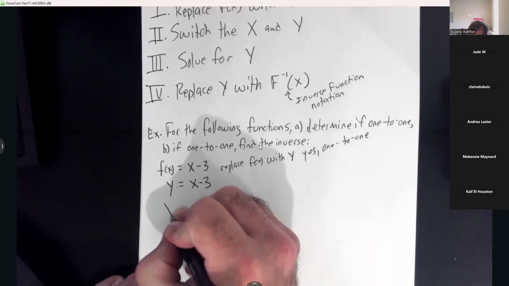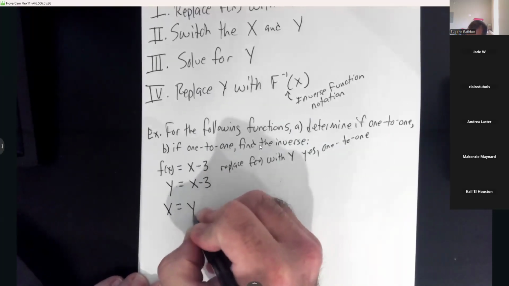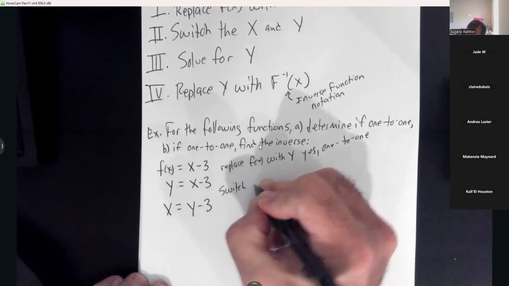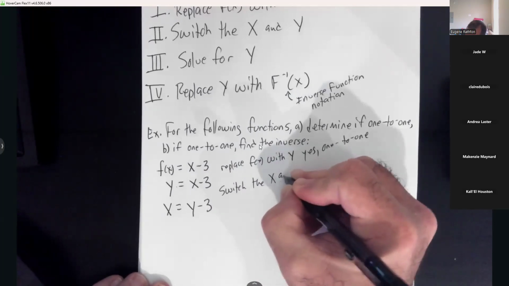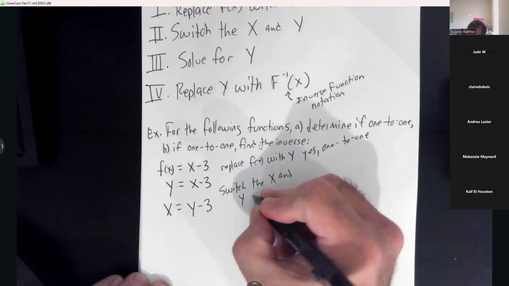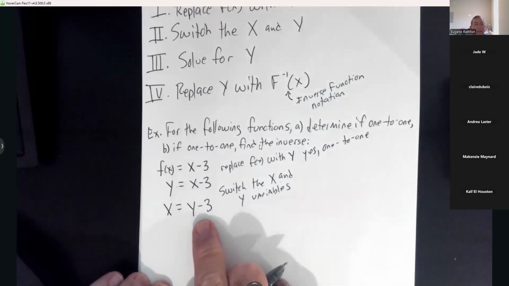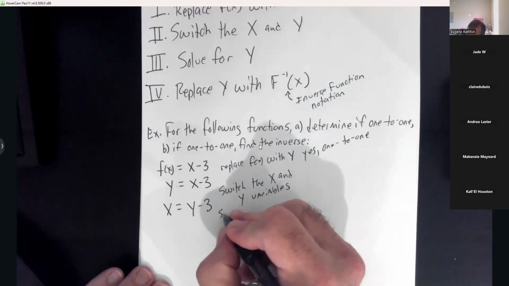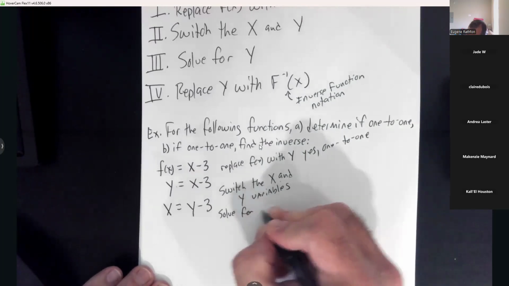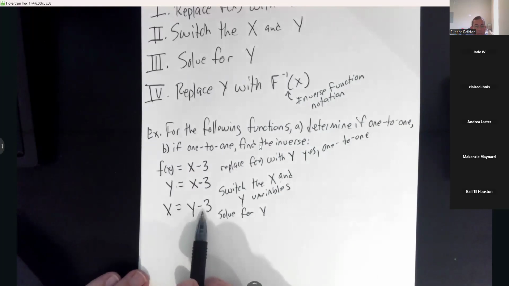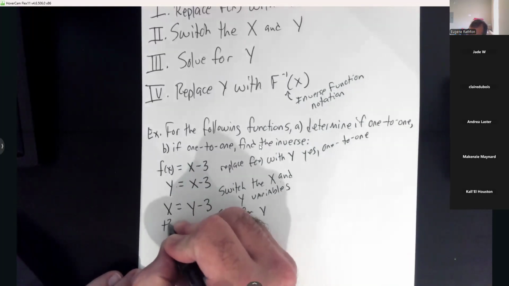So this will be x equals y minus 3. So switch the x and y variables. Now you got to solve that for the y. Only one step to get this y by itself, and that's to move that negative 3 by adding 3 to both sides.